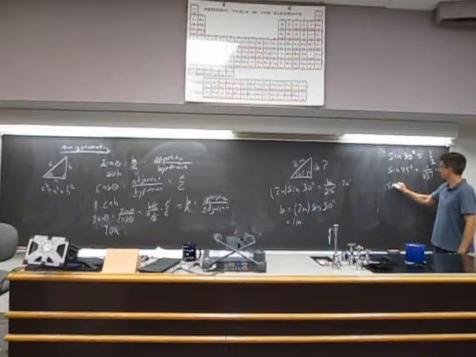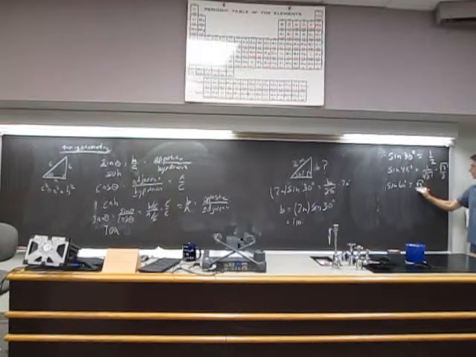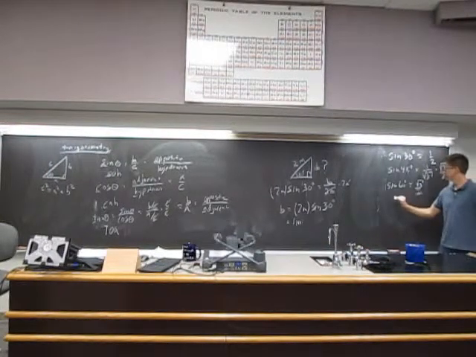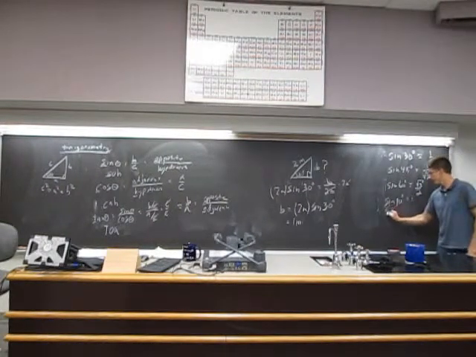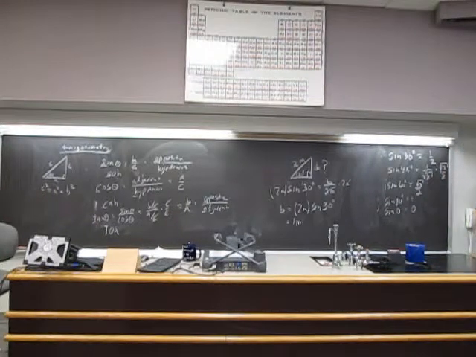And then sine of 60 degrees is square root of 3 over 2. Sine of 90 is 1. Sine of 0 is 0. So those are just things I remember, and they help me have a sense of how big the numbers I'm looking at are.